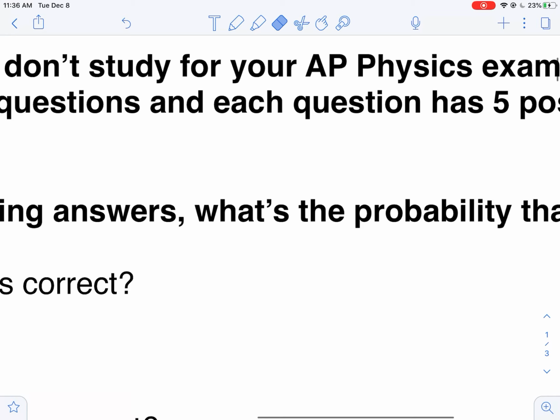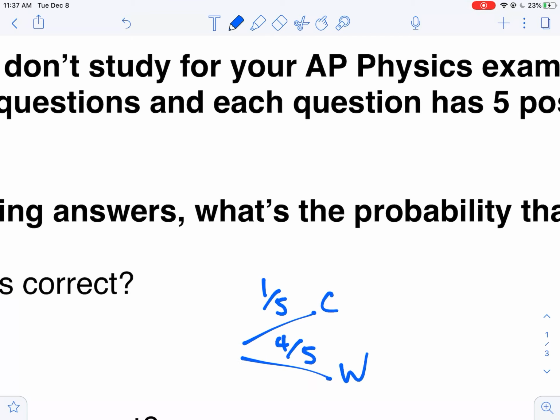So one way you could do this, and I don't recommend this, is going with a tree diagram. 1 in 5 chance to get it correct, 4 in 5 chance to get it wrong. And then we really care about getting it correct, so we're going to stick with this. Off of this branch, what could happen on the second question? 1 in 5 chance you get it right, 4 in 5 chance you get it wrong.